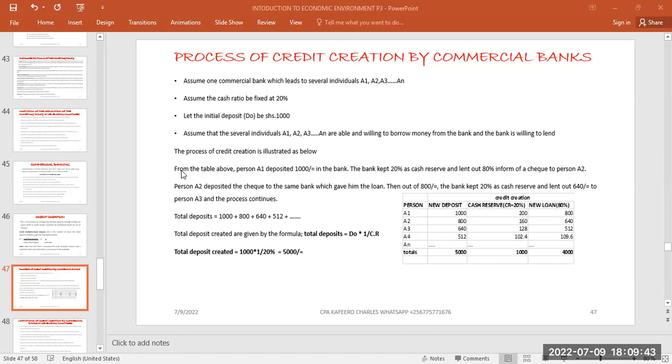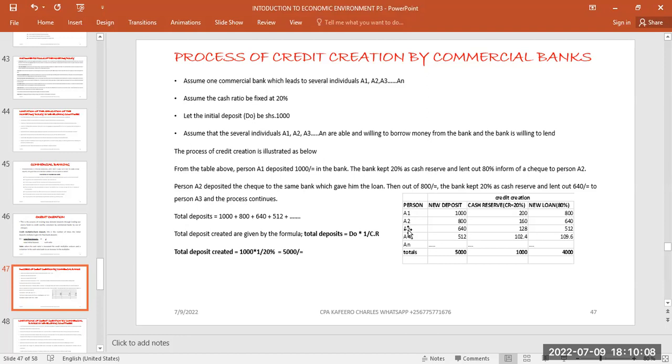So from the table above, person A deposits 1,000 in the bank. The bank keeps 20% as cash reserve. That 20% gives us 200, and lends out the 800.